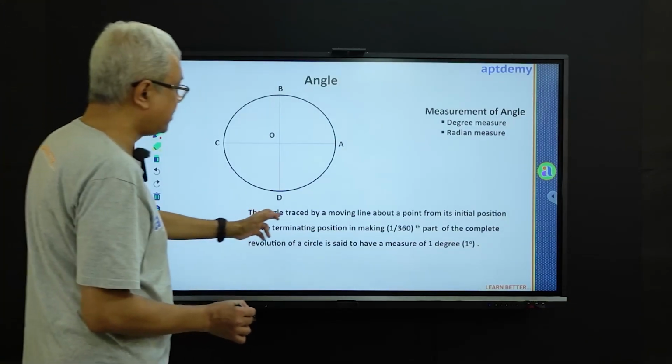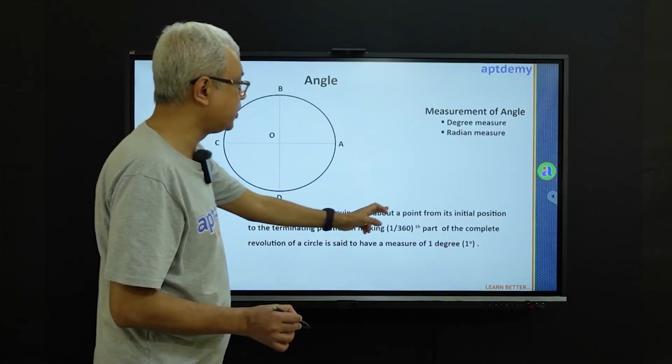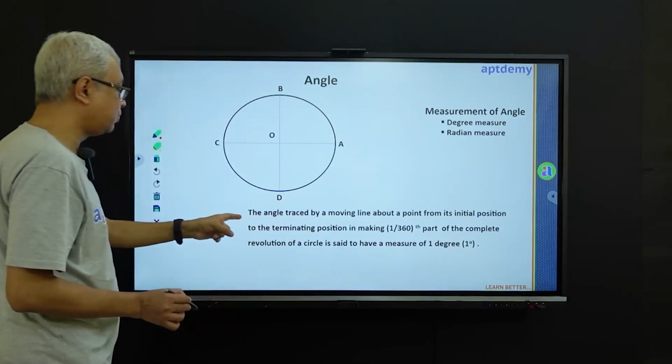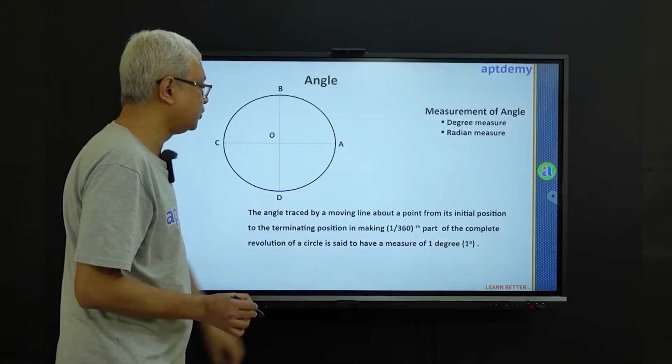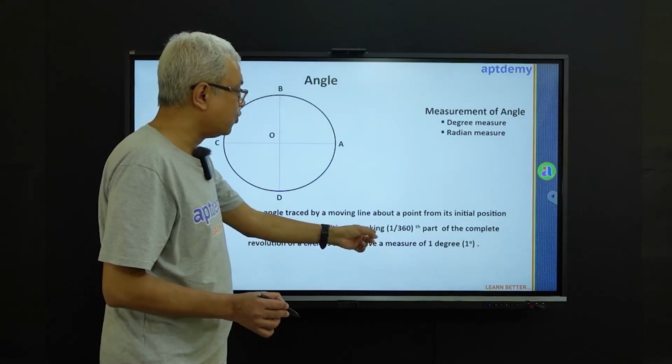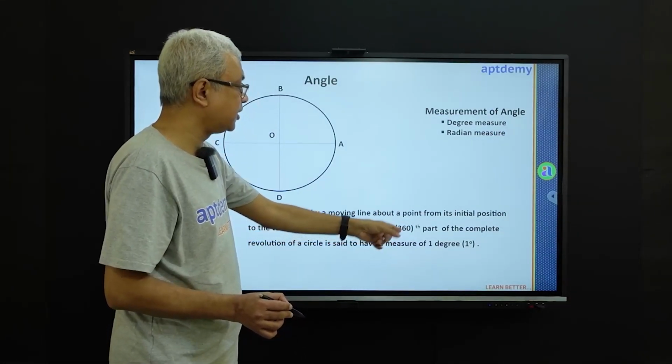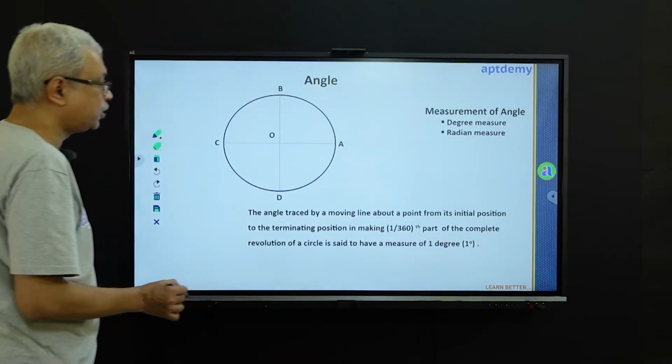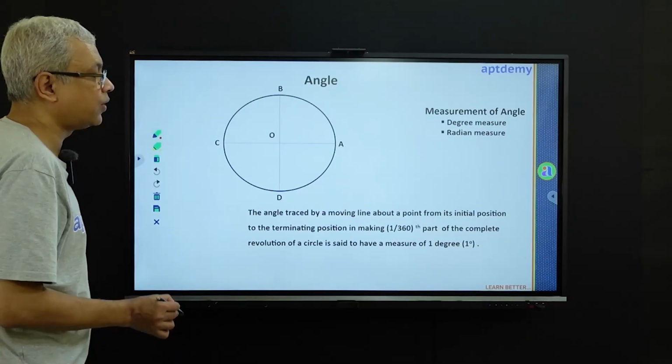Once again, the angle traced by a moving line about a point from its initial position to the terminating position in making 1/360th part of the complete revolution of the circle is said to have a measure of 1 degree.